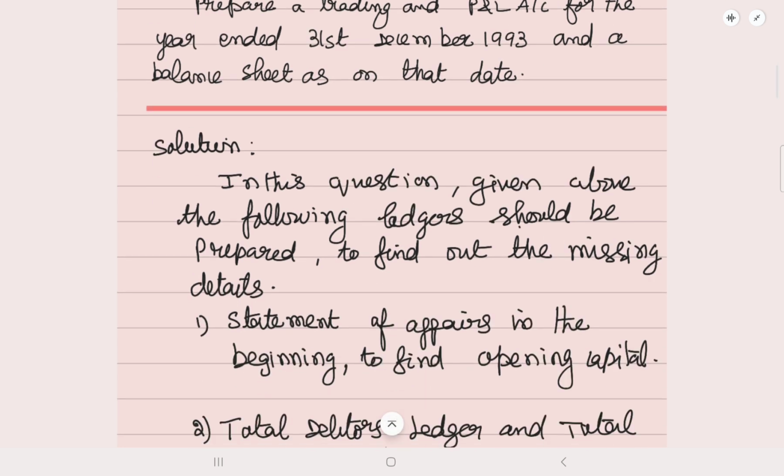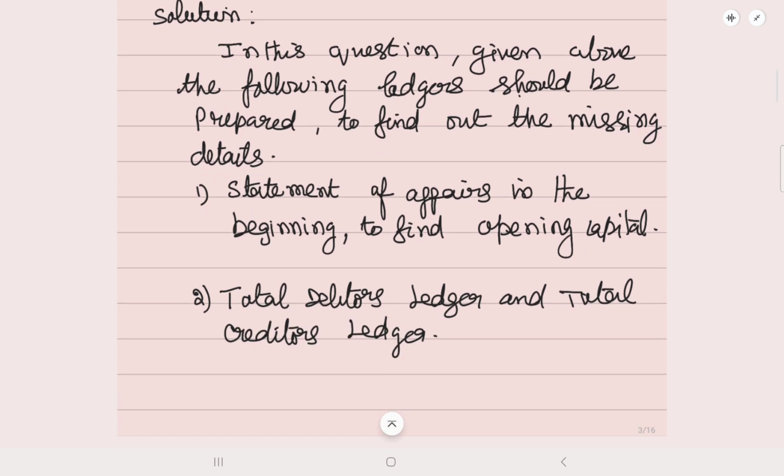The following ledgers should be prepared to find out the missing details: statement of affairs in the beginning to find out opening capital, total debtors ledger and total creditors ledger to find out credit sales and credit purchases respectively.